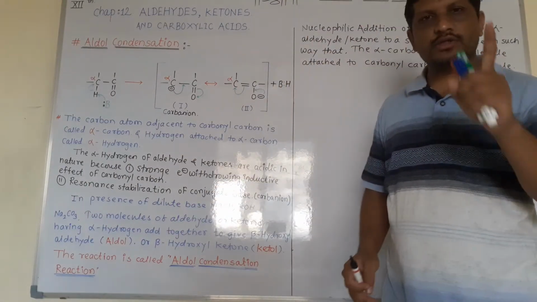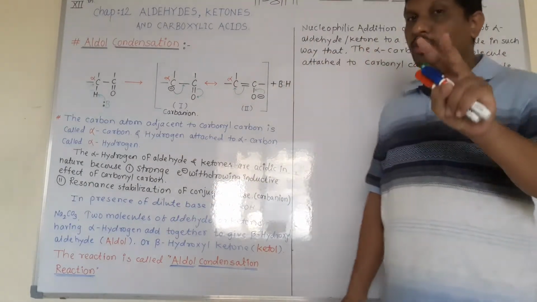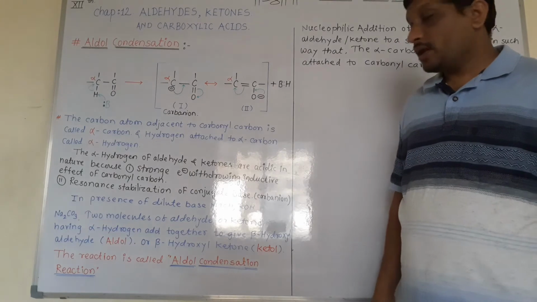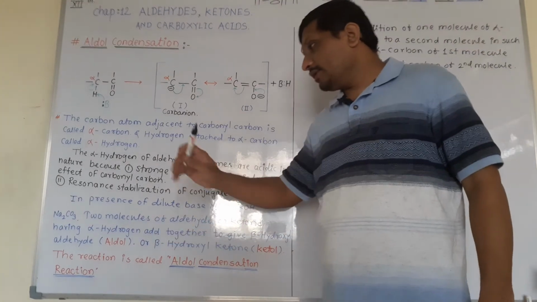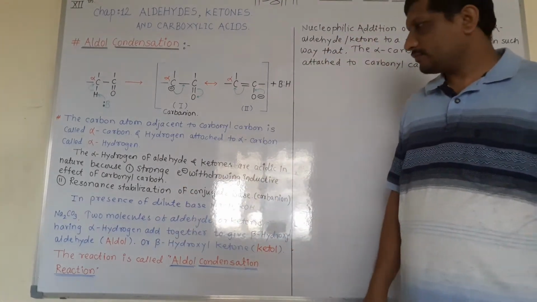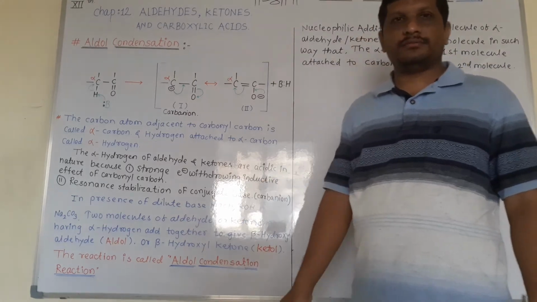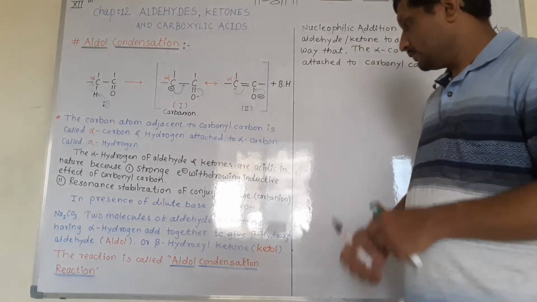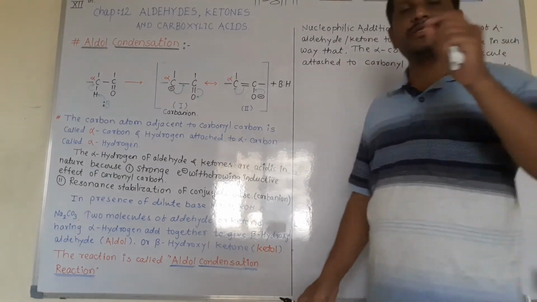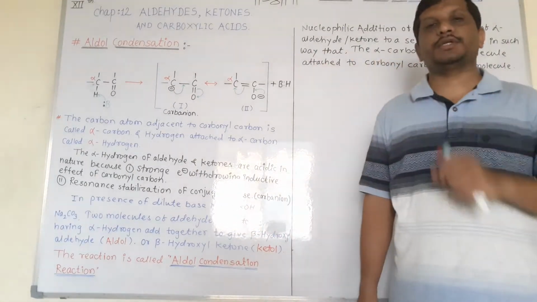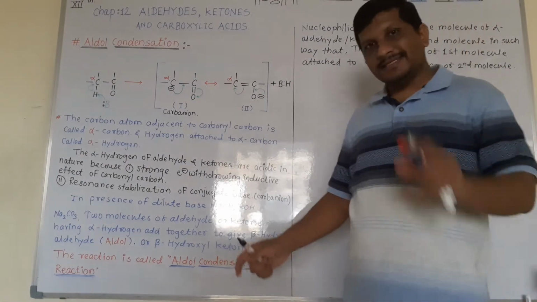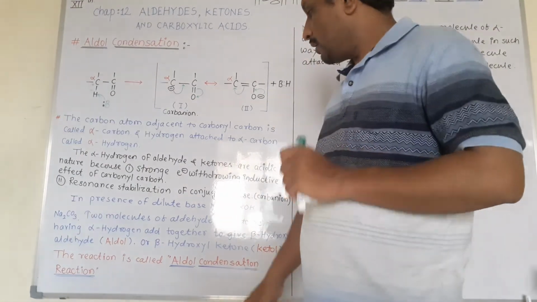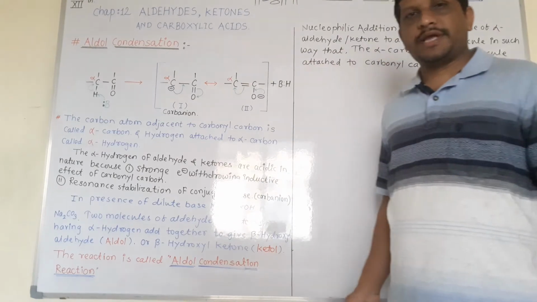The two molecules of aldehyde or two molecules of ketone having the alpha hydrogen add together to give the beta hydroxyaldehyde or beta hydroxyketone, and this reaction is known as the aldol condensation reaction.